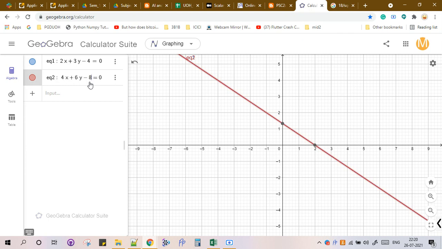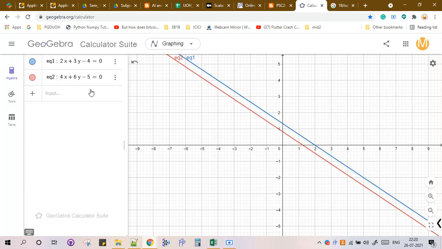So this last term should be different. If I take just 5 here, both are parallel, because 2 by 4 is 0.5 and 3 by 6 is 0.5. Then these two are parallel. And if all the ratios, 2 by 4, 3 by 6, 4 by 8, are similar, then they are overlapping each other.